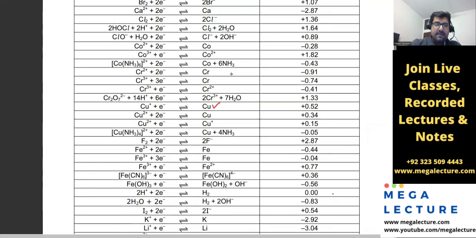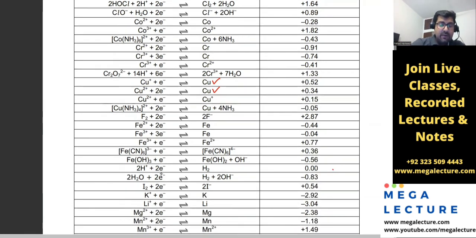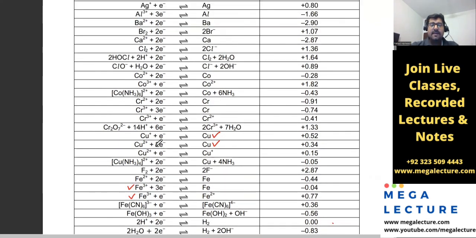So here's copper. Those are your two equations. The other reactant was Fe3+. Find out where Fe3+ is, whether it's on the left side or the right side doesn't really matter at the moment. And then I had Cl minus, which is over here. So I've got 5 possible reactions.